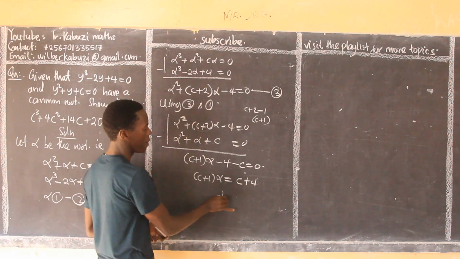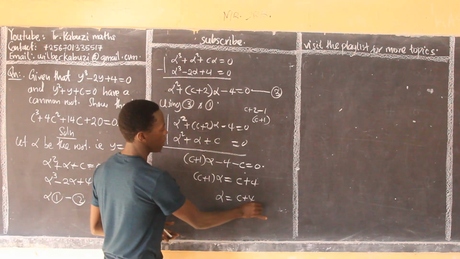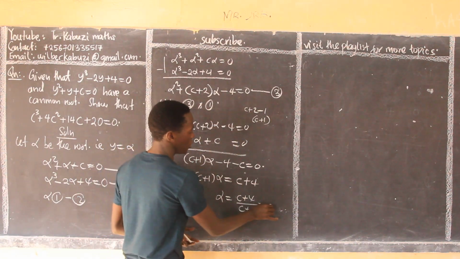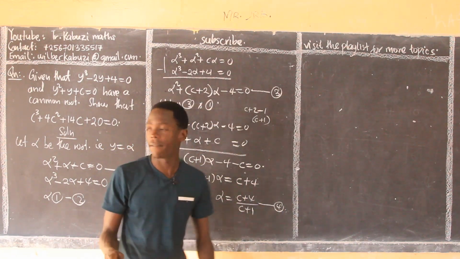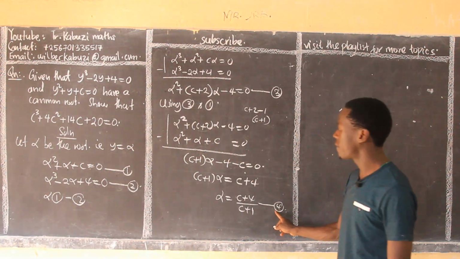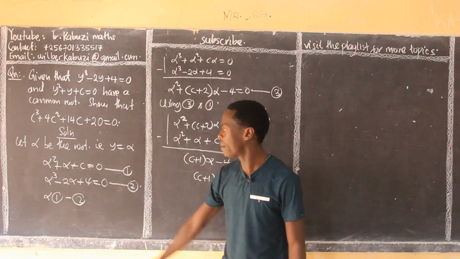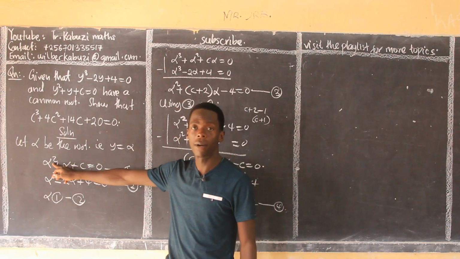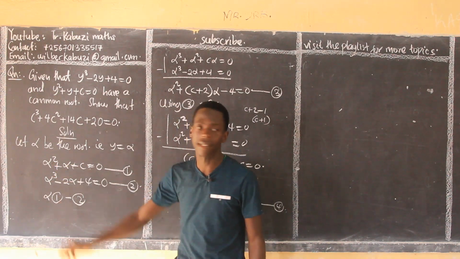Now here our alpha will be c plus 4 over c plus 1. So now this one is equation 4. Now we have the value of alpha. So if I have the value of alpha, I can either put it in this or this. But because this one has a lower power, it's always better we use this.